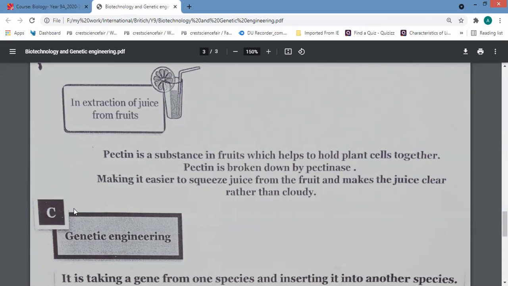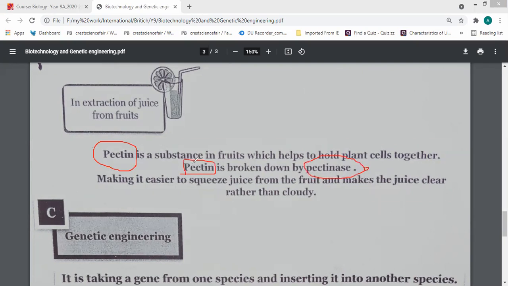Pectin is a substance in fruits, important for holding the plant cells together, like intermolecular forces in molecules. The enzyme pectinase breaks down this pectin, so the binding between the cells breaks down, and the juice from the fruits is released.